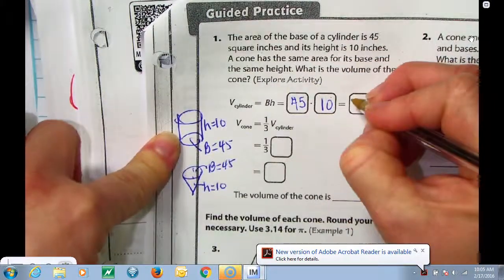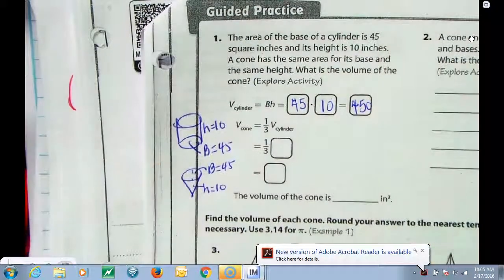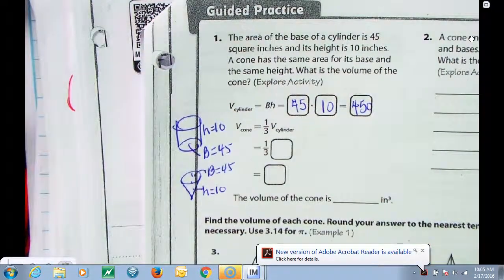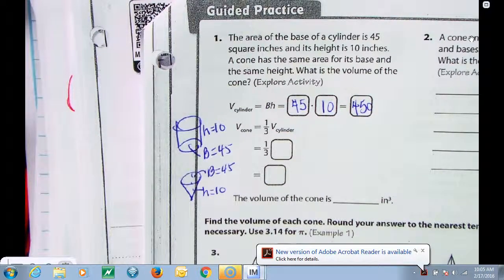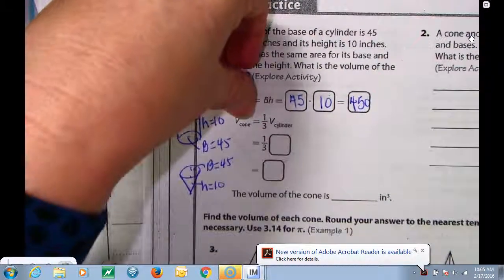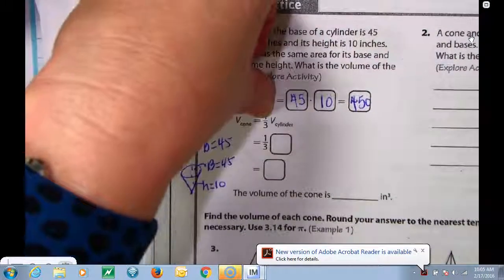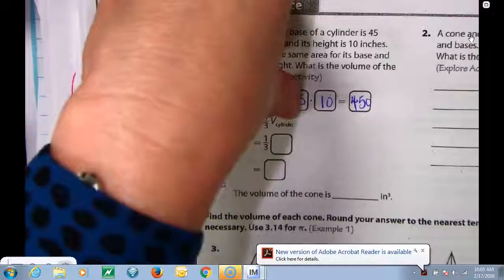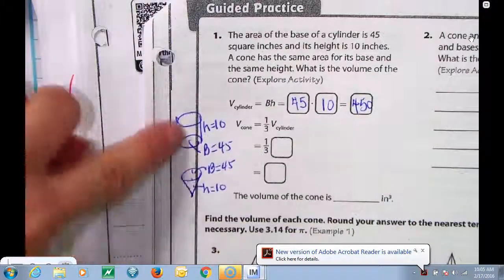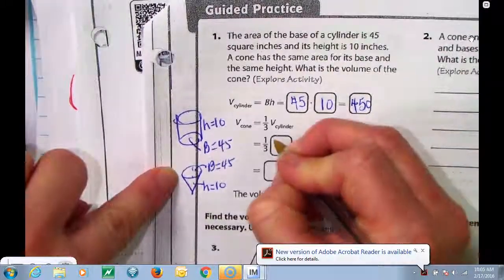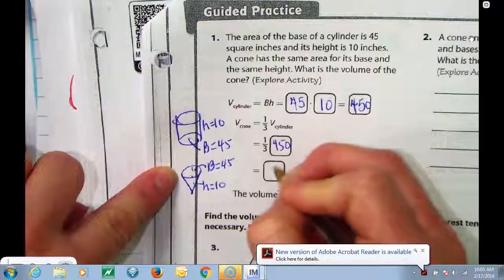So what is it? Surely nobody's having to do that on the calculator. I heard clickety-clack. Oh, my goodness gracious, I shouldn't have heard clickety-clack on 45 times 10. So now to get the volume of the cone, I take a third of that volume, don't I? Because they're the same. Good.